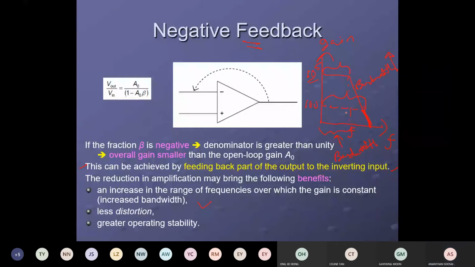The bandwidth increases if the gain decreases by doing feedback. This is the first benefit of feedback: the bandwidth is raised. The lower the gain, say you bring it to 10, the longer the bandwidth gets, longer and longer.